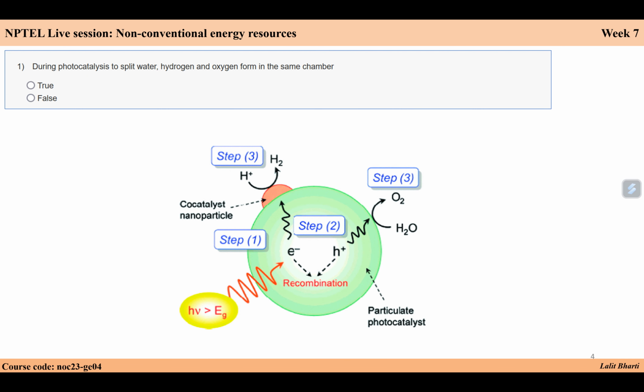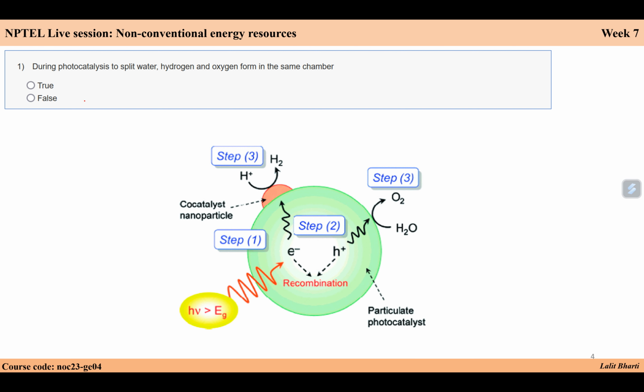So we start with our first question. This is a question asked during photocatalysis to split water: hydrogen and oxygen form in the same chamber. So what is a photocatalyst?